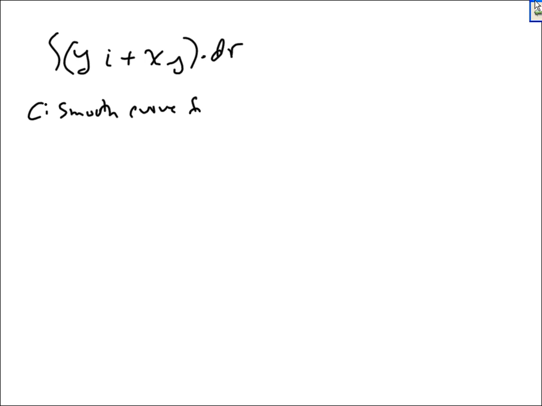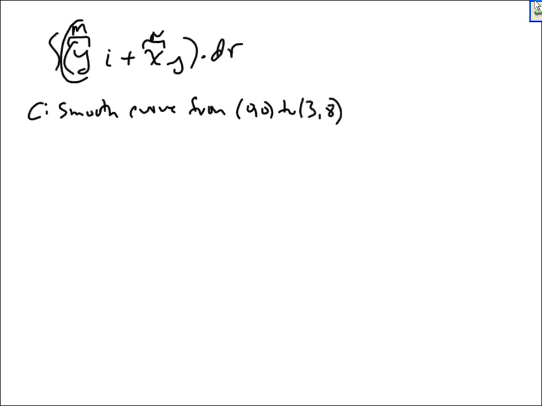Well, if you have the integral of y i plus x j dot dr, and it's a smooth curve from 0, 0 to 3, 8. Since it's a smooth curve, we can play the game we've been doing. Let's see if it's conservative.